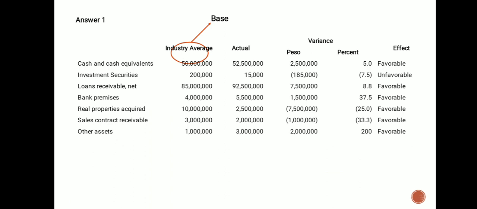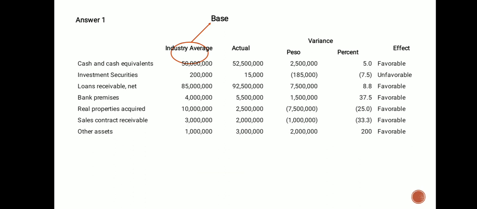So that is favorable. Then for bank premises, we have a 1,500,000 increase, and that is equivalent to 37.5% favorable. And then for real properties acquired, we have a 7,500,000 pesos decrease or 25% decrease.